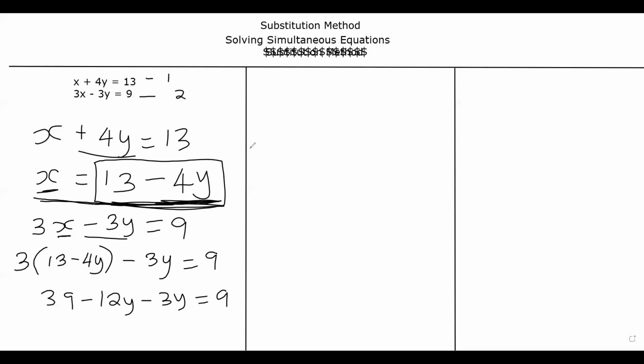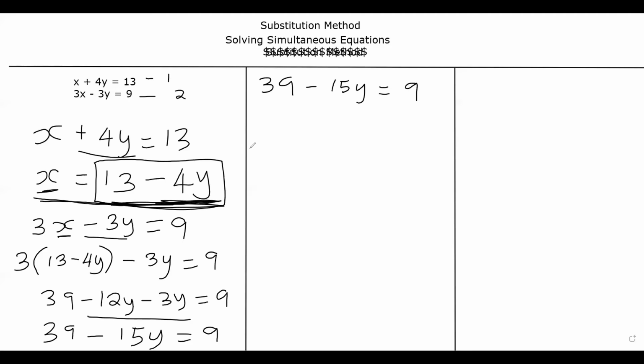Okay, now let's bring like terms together. So here we have 39 minus 15y equals 9. Okay, so 39 minus 15y equals 9.